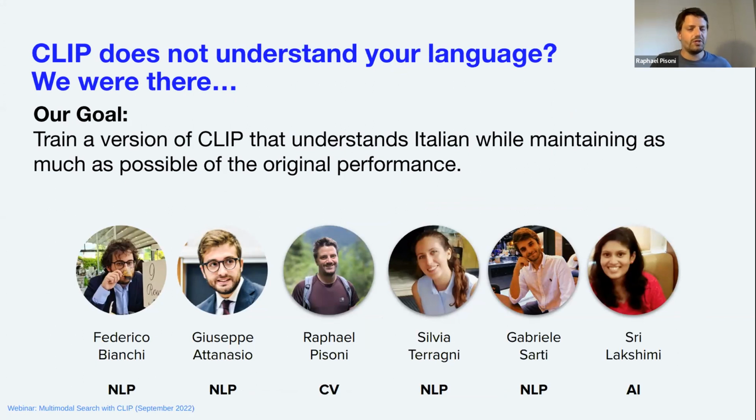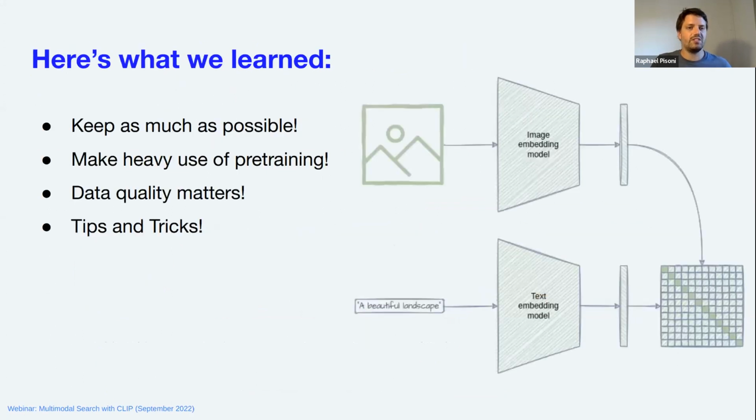So during that task, we learned a couple things, and I'm gonna tell you about those things. One was that you need to keep as much as possible of the original model. You should make heavy use of pre-training. The data quality that you train with really matters. And finally, I'm gonna share a couple of tips and tricks with you that we found out during training.